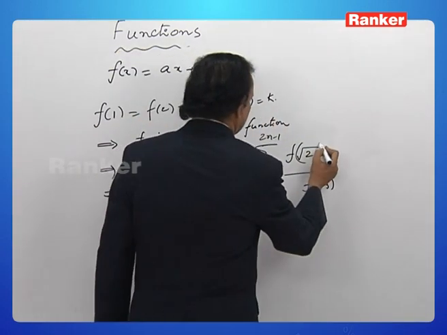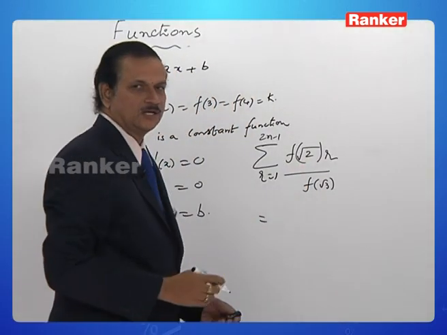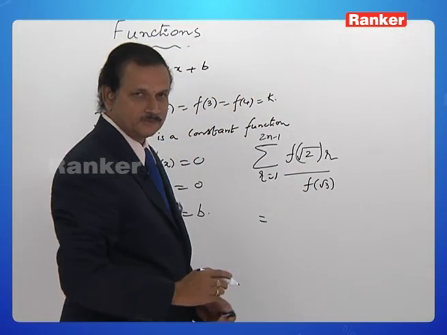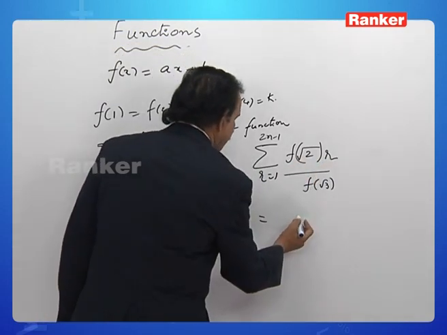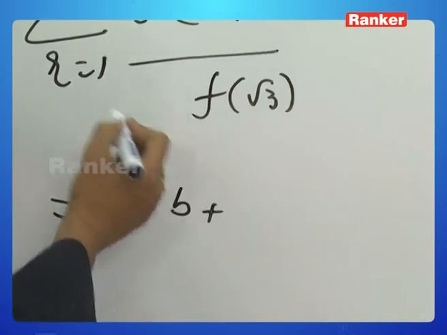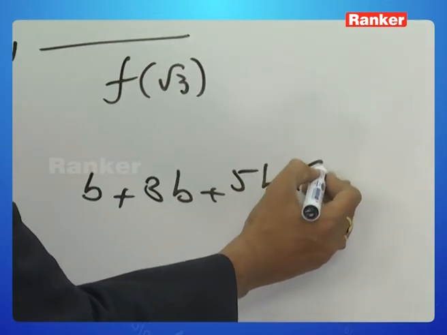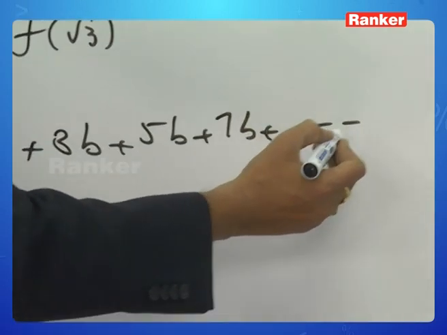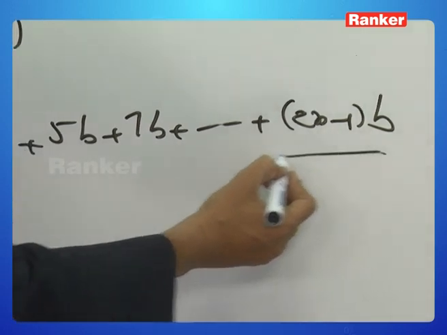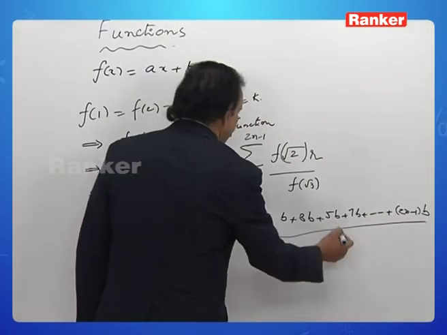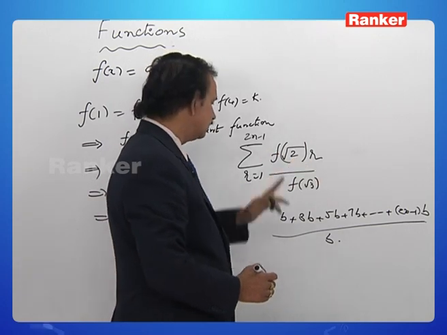In the question, this is what we have traced. f of root 2 is b. r takes 1, so b. Next 3b, next 5b, next 7b, and so on, up to 2n minus 1 into b, by what is f of root 3? b. How does it become b? f of root 2 is b. r is 1.